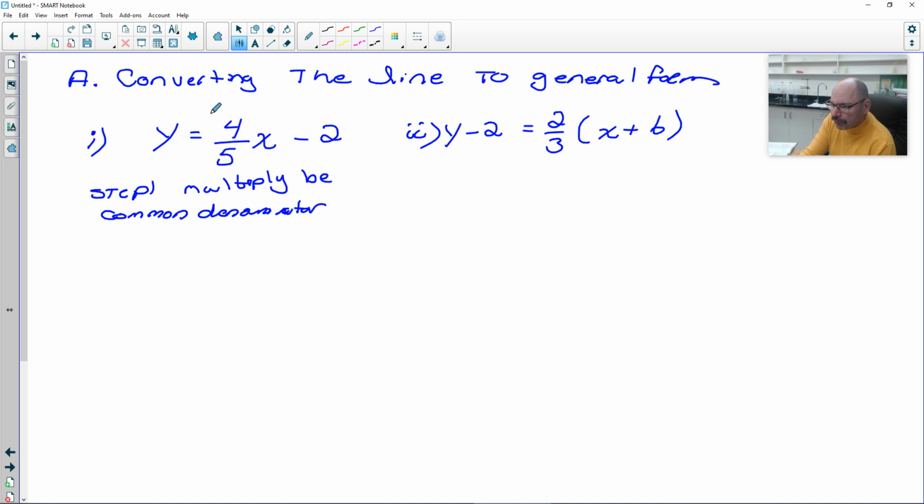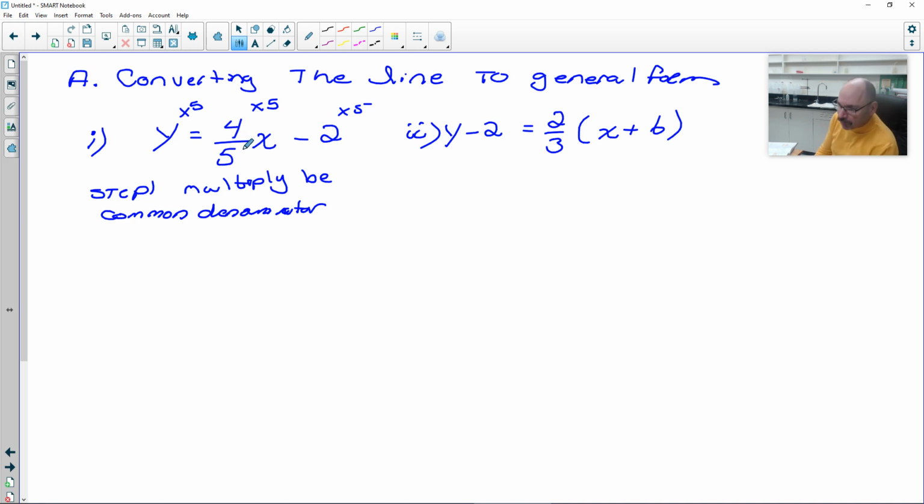So I'm going to multiply by 5, multiply by 5, and multiply by 5, because if there's no number in the fraction, then we consider it to be 1.